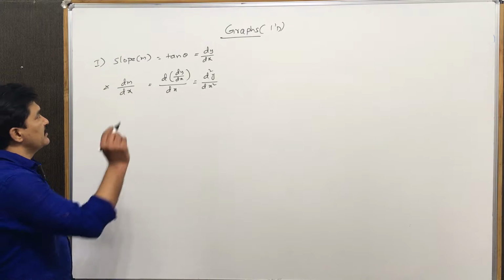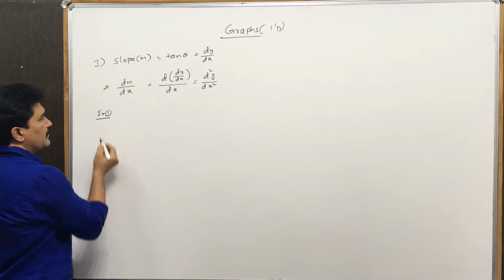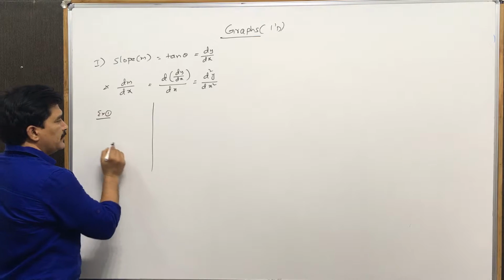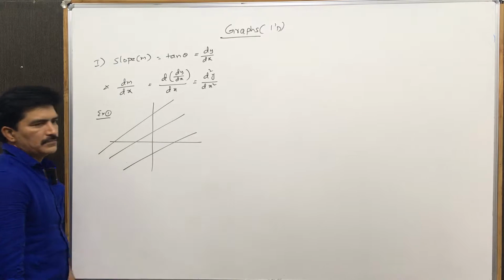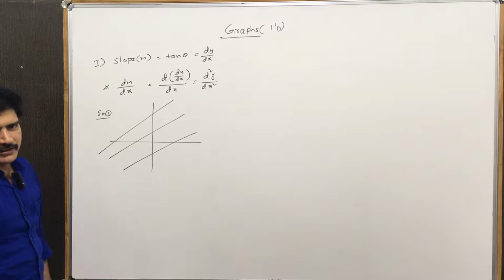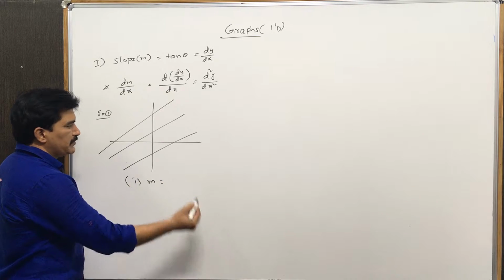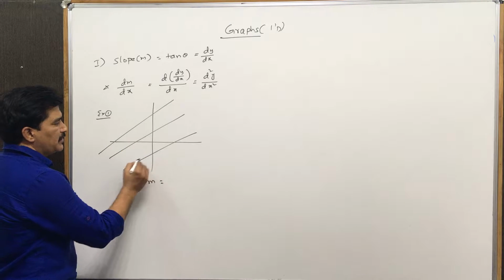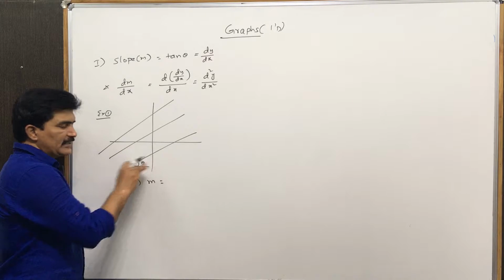Okay. For that, let us take an example where the graphs are straight lines. First, what about the slope? Slope means tangent of the angle made by the graph with the positive x direction.